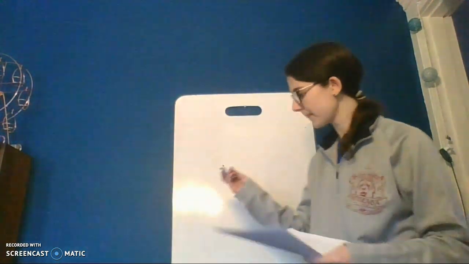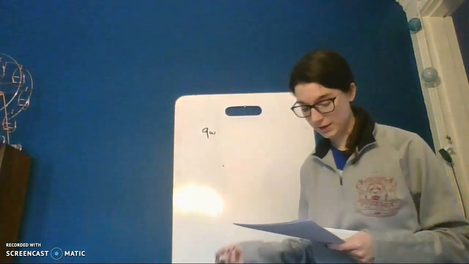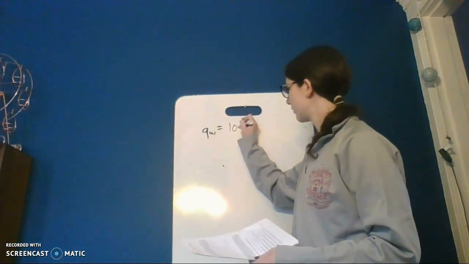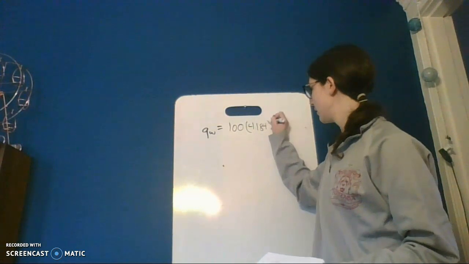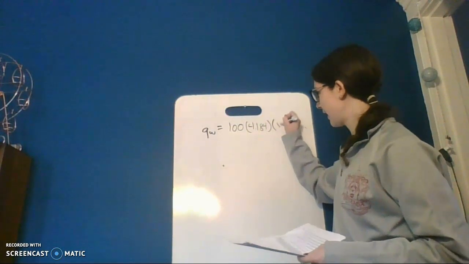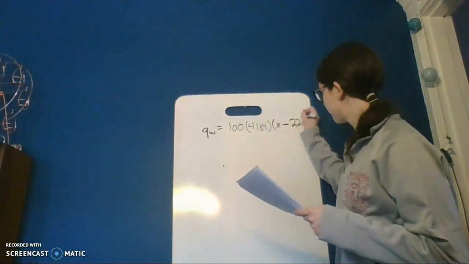So this one, there's kind of two unknowns here. We don't know the amount of heat that was lost or gained by the water or aluminum, and we don't know the final temperature. It's asking about the final temperature. But if we look, we have the Q of the water, the heat that the water essentially gains, and that's going to be equal to the mass of the water, 100 grams, times the specific heat capacity, 4.184 joules per gram Kelvin or Celsius, times the change in temperature, which is going to be X, what we're solving for, minus the starting temperature of the water, which was 22 Celsius.